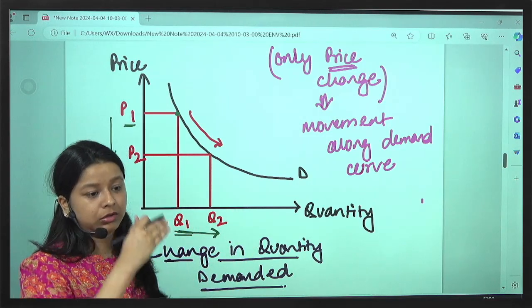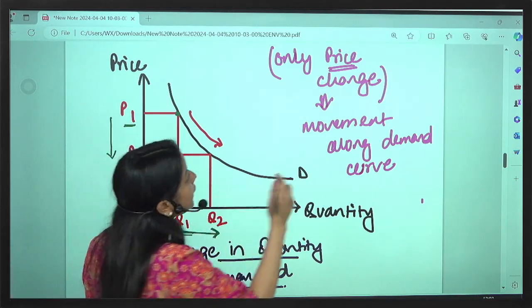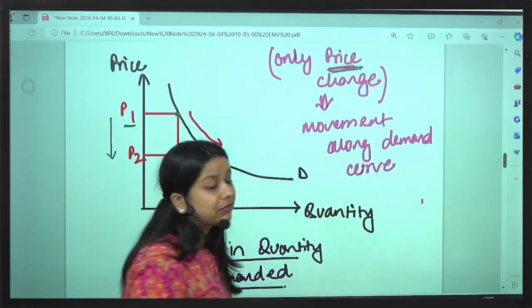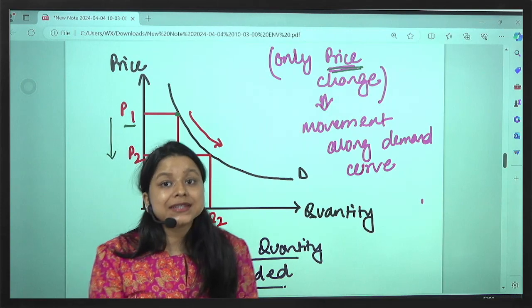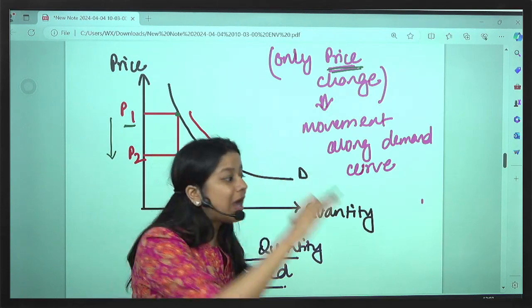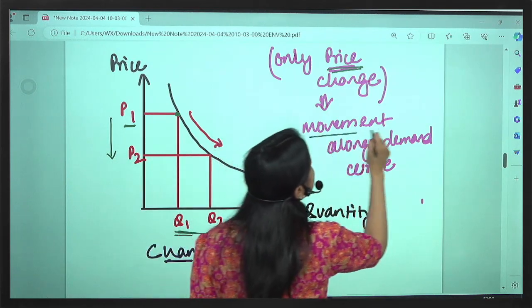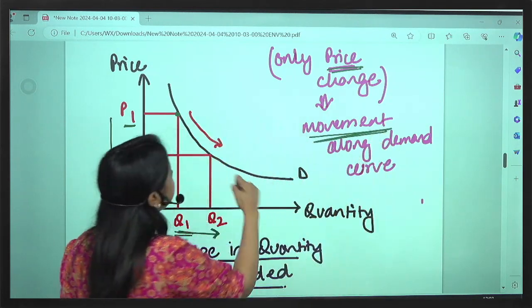Use the word moving, right? Increasing, right? So here we see that there is a change in the price. And when there is a change in the price of the own good, other things being constant, we say that there is a movement along the demand curve.